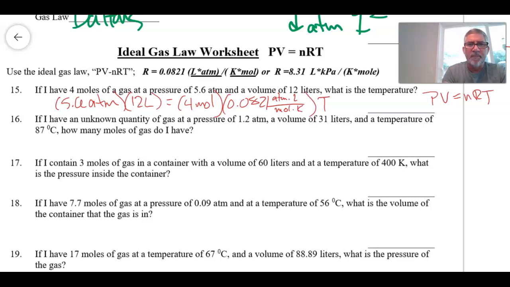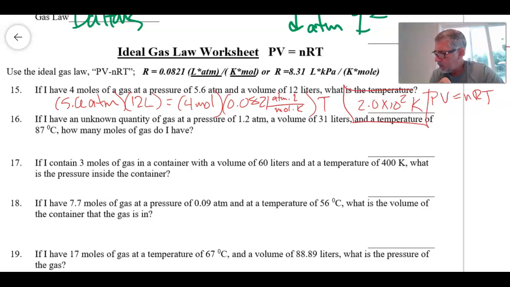So when I isolate T by itself, I get 2.0 times 10 to the 2 K. So that would be my answer. I really get 20 something, but actually I have only 1 digit here.